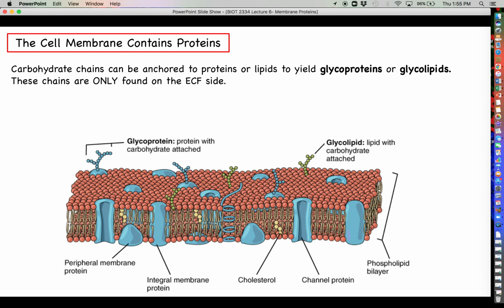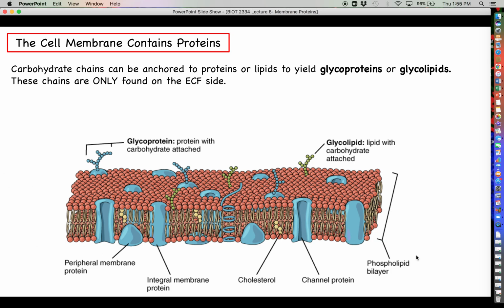So a lot of membrane proteins, including both peripheral and integral membrane proteins, may have carbohydrate chains that are anchored to the extracellular fluid side of the membrane. Now, it is important to note, and this is very important for you to remember, these carbohydrate chains will only be found on the extracellular fluid side.